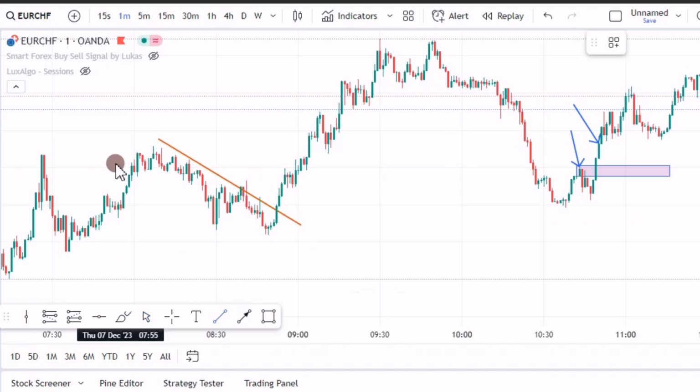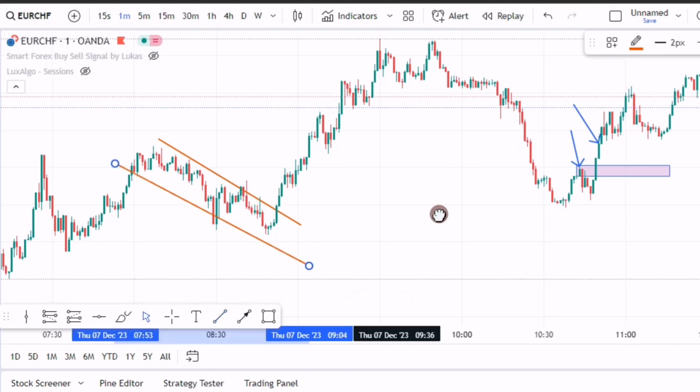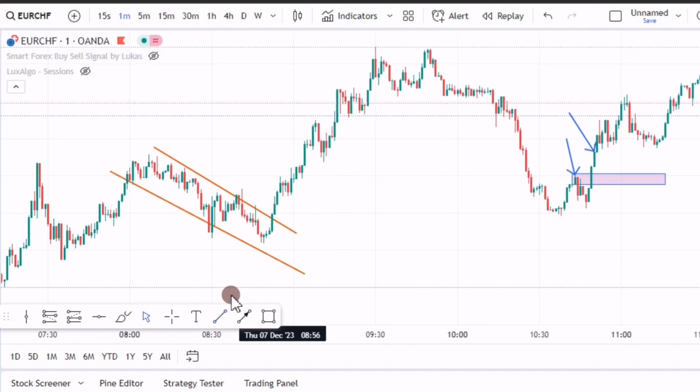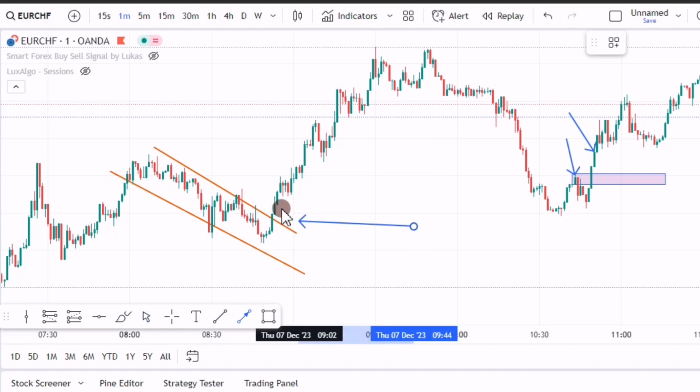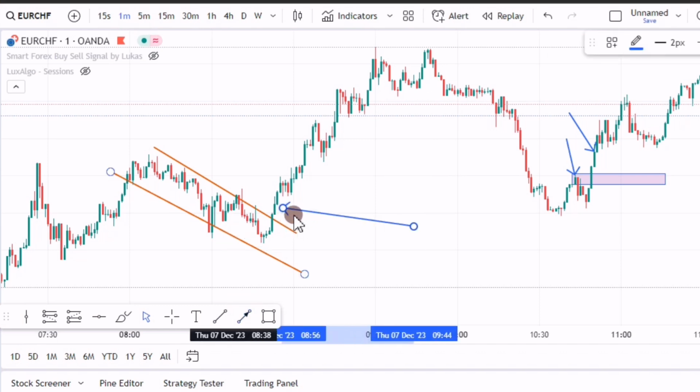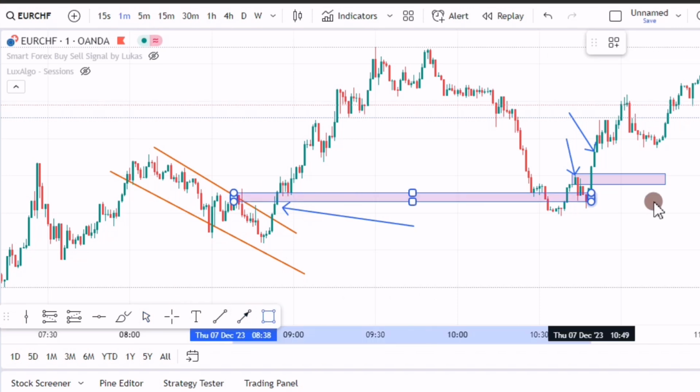I don't think I ever spoke about it. Once you have a breakout of a channel, price broke out from here. Let me just mark the point where price broke out.